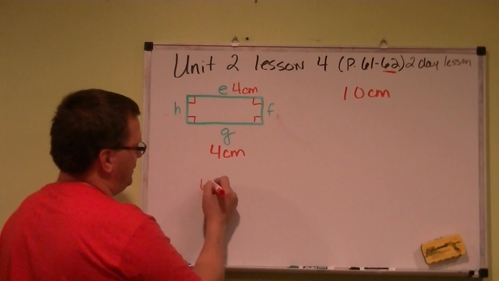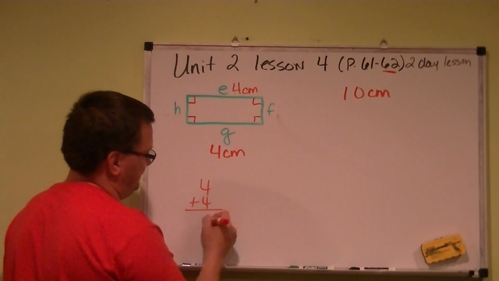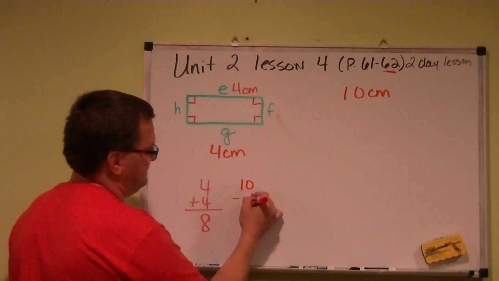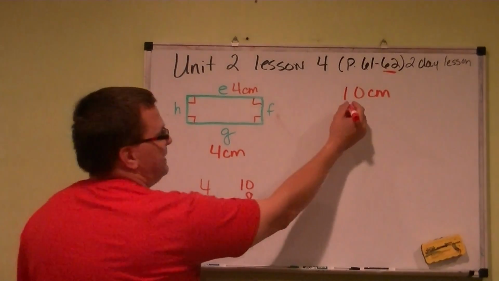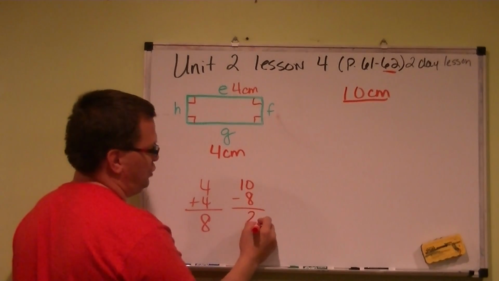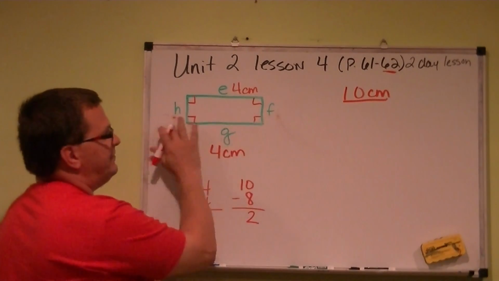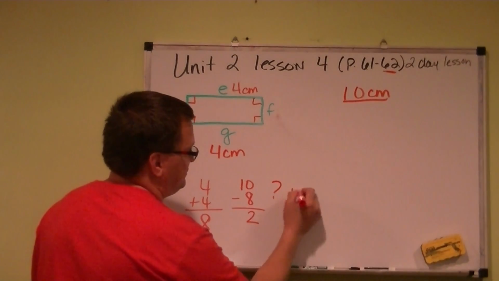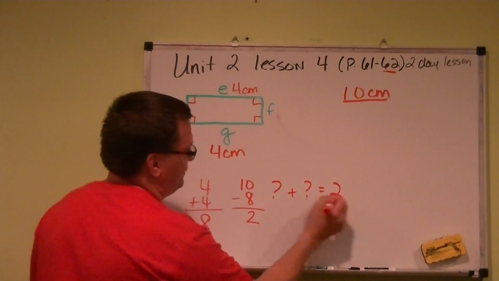4 plus 4 is 8. So then you have to think, 10 minus 8 is how much? Because if the total is 10, 10 minus 8 would be 2. So these have to add up to 2. What plus what is going to equal 2?